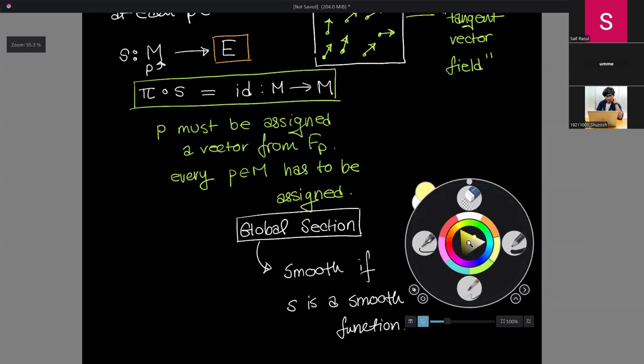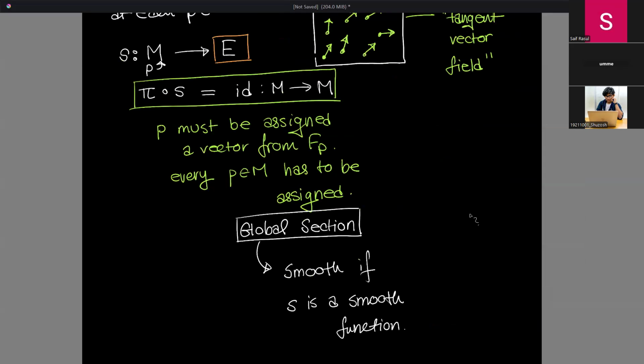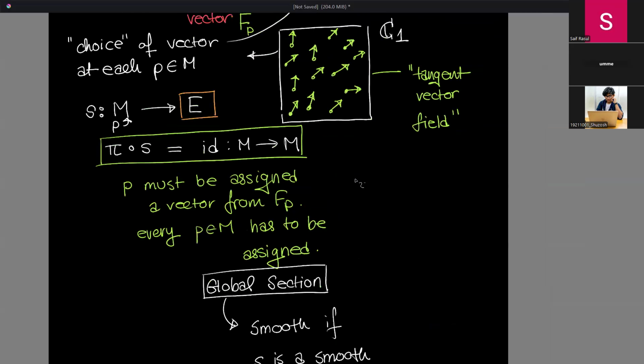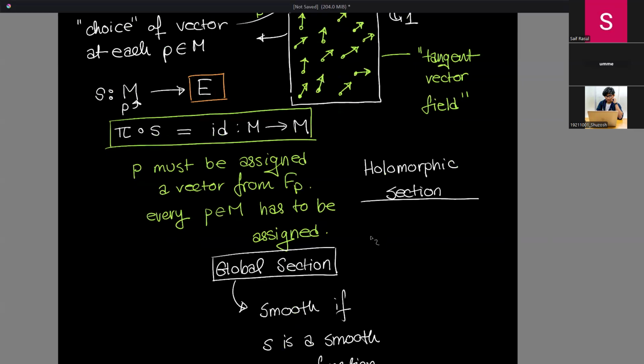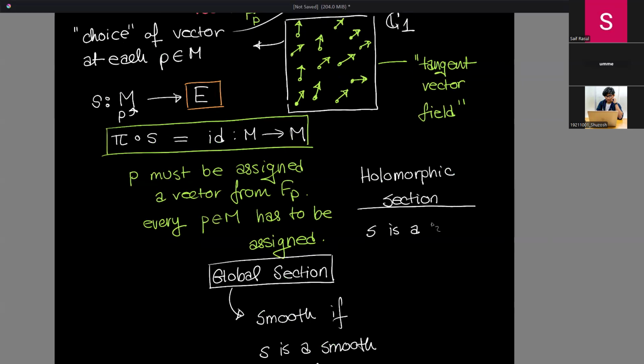And just like with, so when our vector bundle is a holomorphic vector bundle, then we can also make the section a holomorphic section. In order to make it a holomorphic section, all we need to do is make sure that S is a holomorphic map.